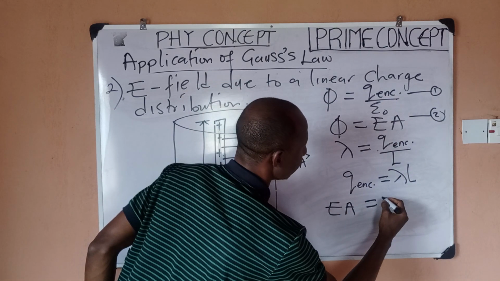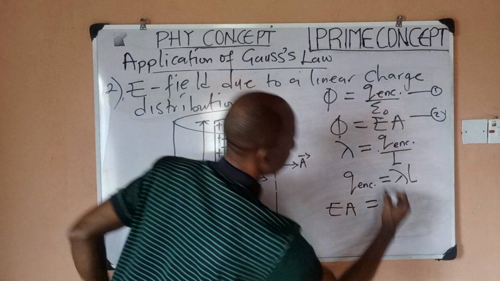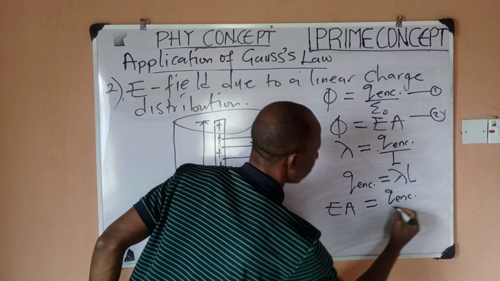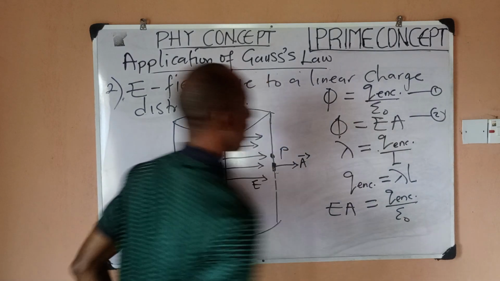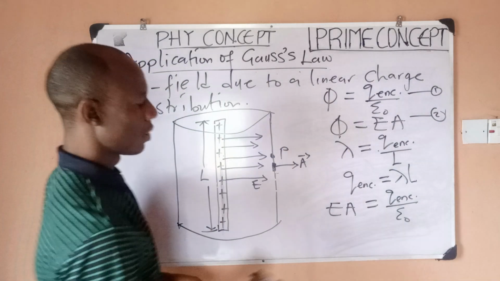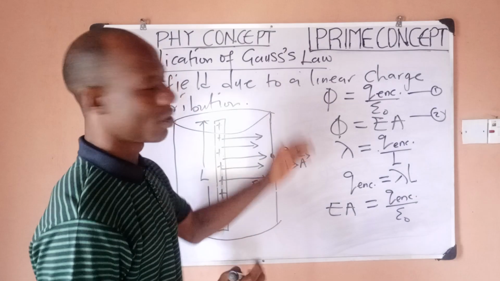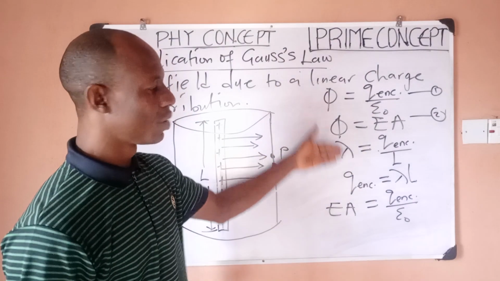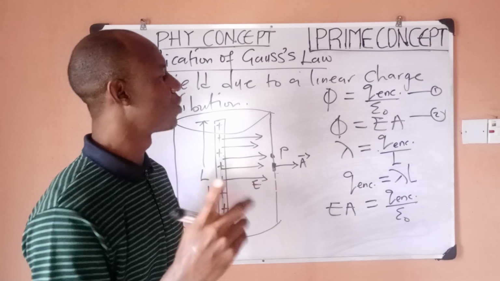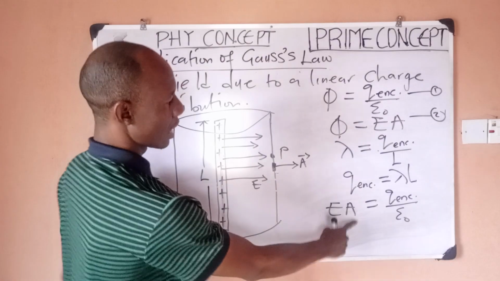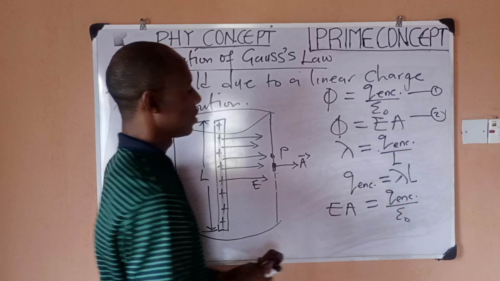The charge enclosed divided by epsilon naught, right? Now, what is my charge enclosed? Please bear with me, my board is really small, so try to always take note so that when I rub, you still follow what we're doing. So I'll drop this part so that I can use the space there.